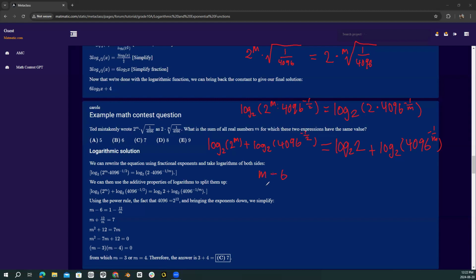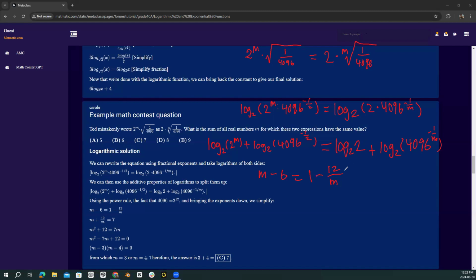So this 12 would actually become negative 6. And now on the other side, we have a 1 here, because this is just 1. Gives us 1 minus 12 over m, because again, this is negative 12 over m.